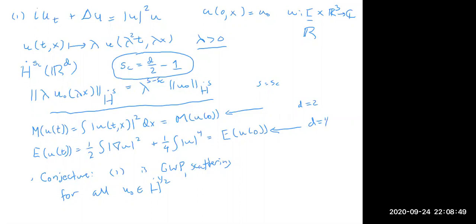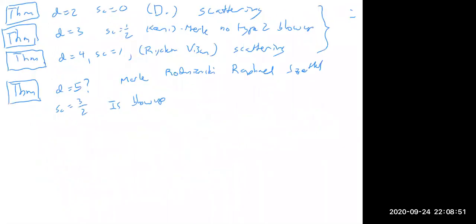But then you have the result of Koenig and Merrill, where they have the momentum, but that's not going to control the H1/2 norm. So they prove no type 2 blowup. They say, well, if the critical norm did stay bounded, then it would scatter. So we have to ask. I've been wondering for a long time about this type 1 blowup, because we know now that it can happen in 5D, right?